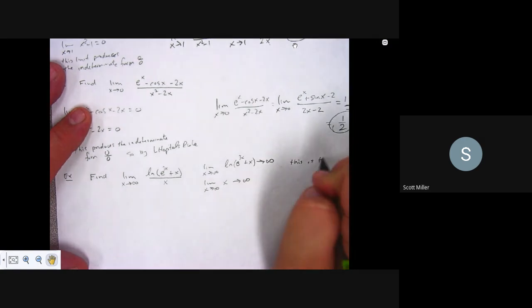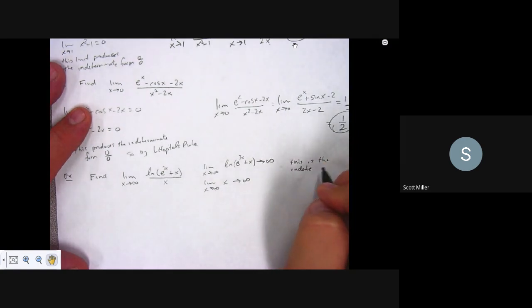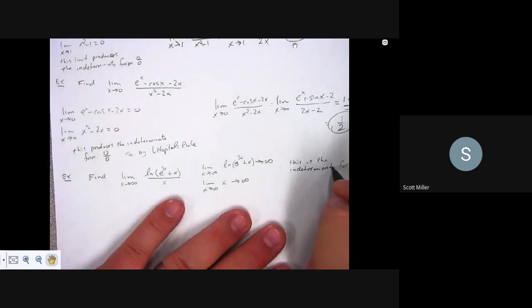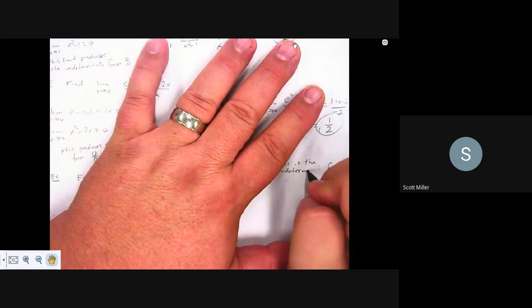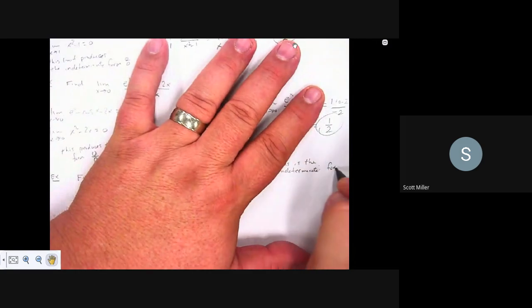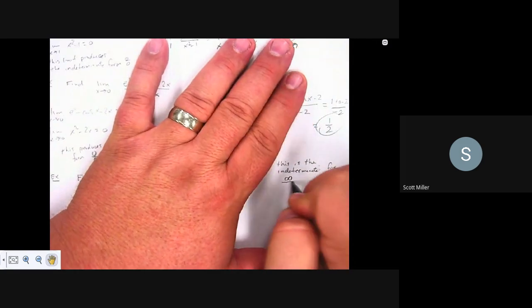This is the indeterminate form infinity over infinity.